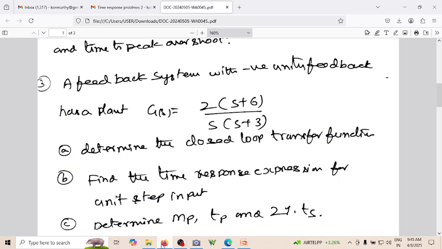We are asked to find C of s by R of s. Then we are asked to find C of t for a unit step input, that is r of t is equal to u of t. Then we are asked to find the peak overshoot, TP, and the 2% settling time.